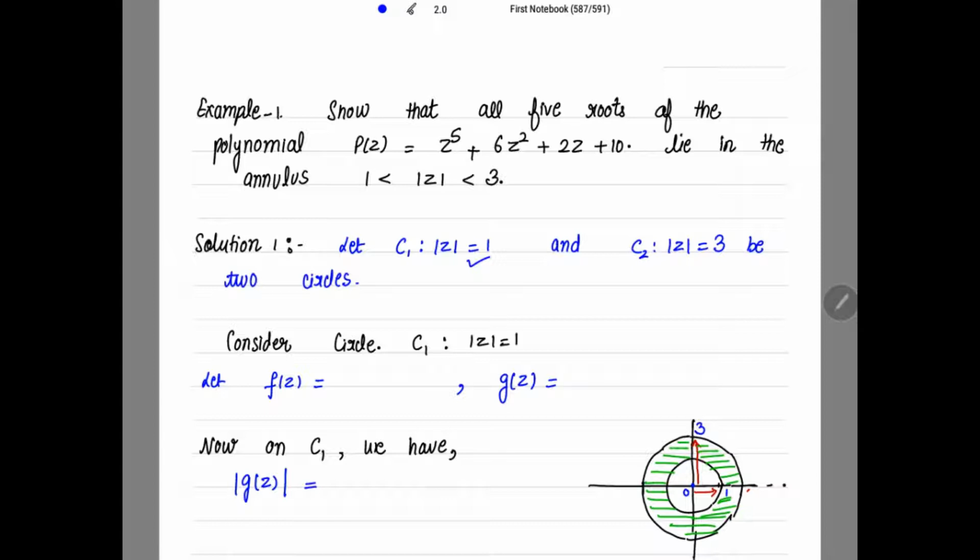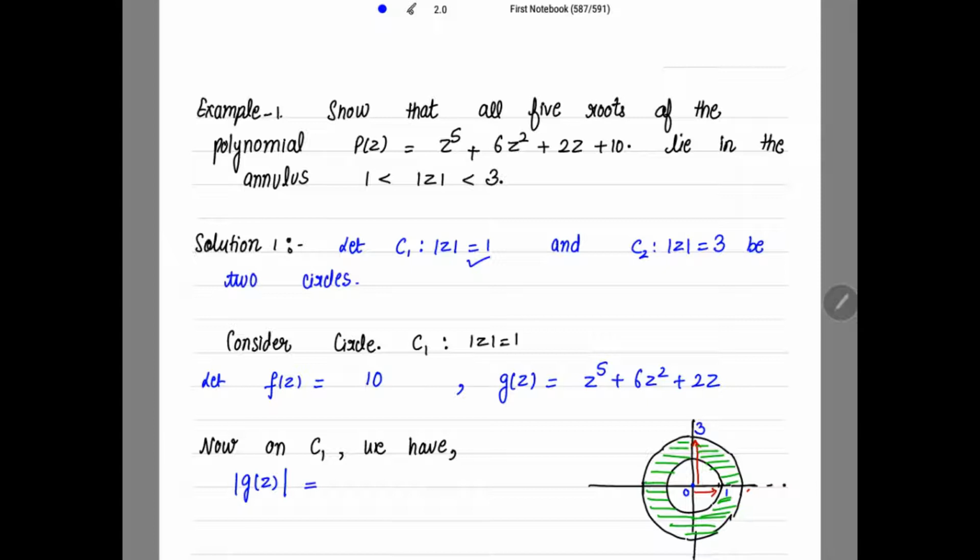So what can I choose f(z) from p(z)? Yes, p(z) is z^5 + 6z^2 + 2z + 10. So let me take f(z) equal to 10, which means it has no root, right? And the rest remaining is g(z) = z^5 + 6z^2 + 2z. Now I have the 2 functions and both are analytic, right? Now on C1 I have to check whether |g(z)| is less than |f(z)| or not.